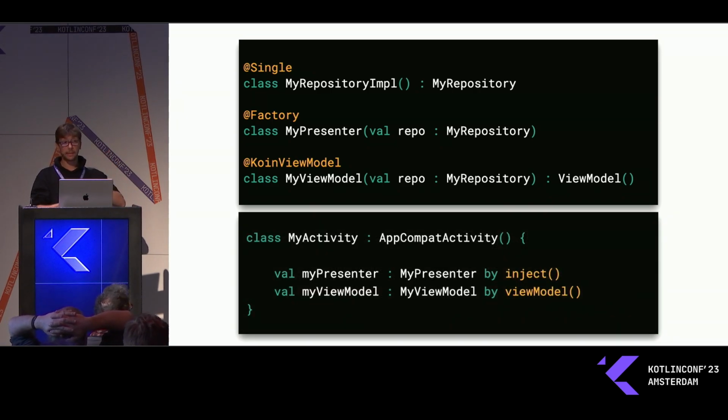And it doesn't change your code. You still use the by inject or by viewModel field injection in your Android activity or any kind of place where you are using field injection. It's still compatible. Nothing to change for you. It just changes the way you are declaring things.